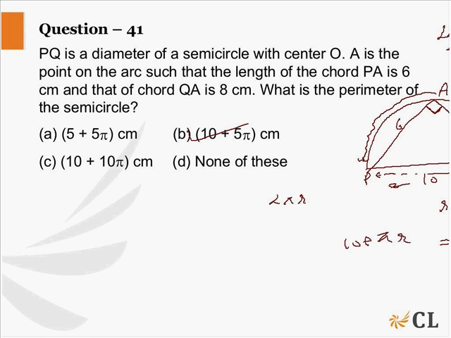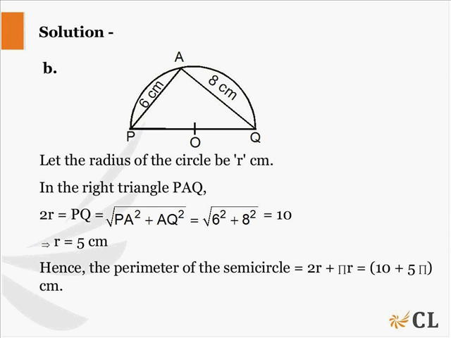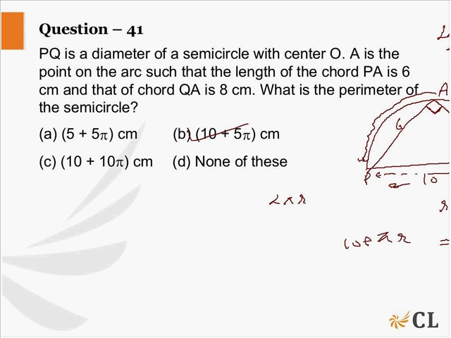Answer is given as option D, which is wrong. See the solution, there it is given as B. There's a printing mistake in the answer key. Okay, Ankit? Ankit, right answer is B only.